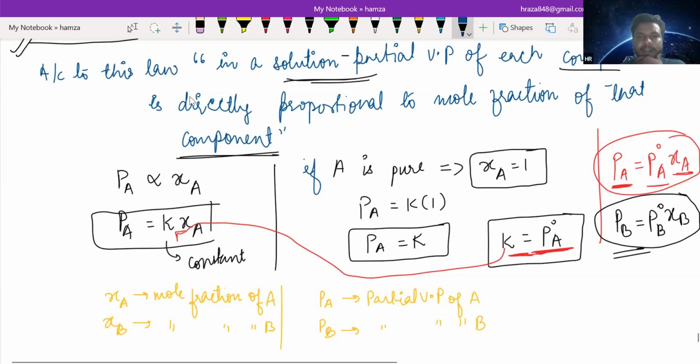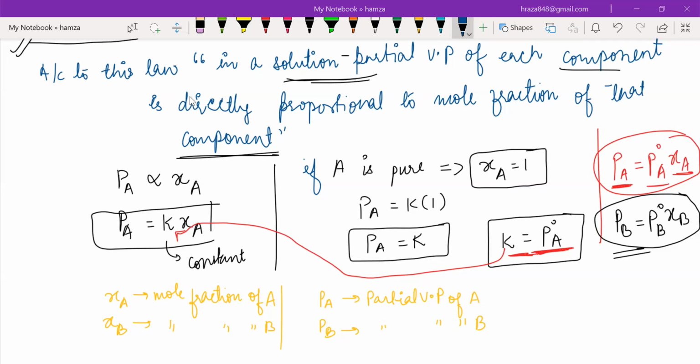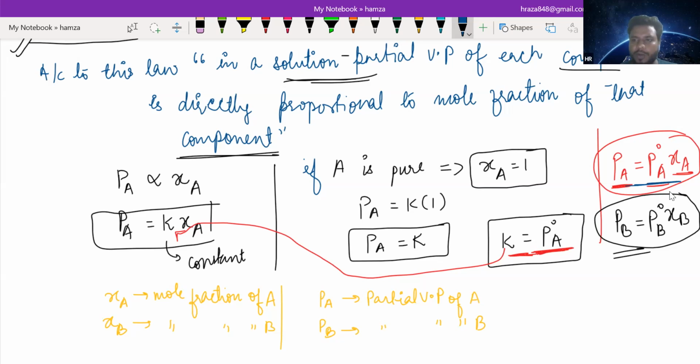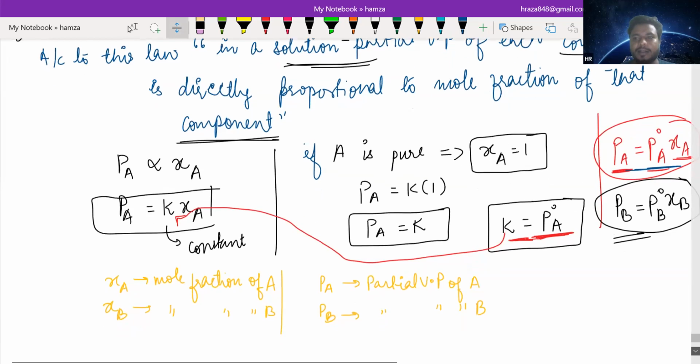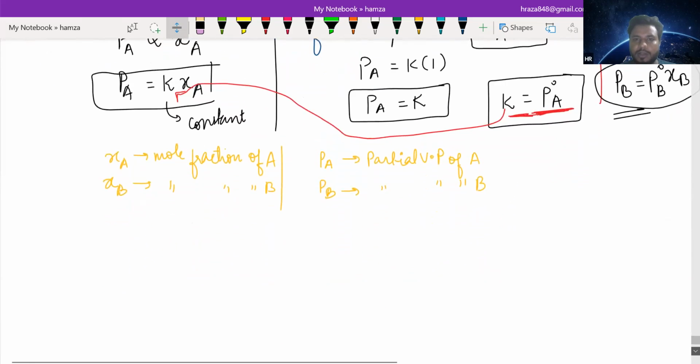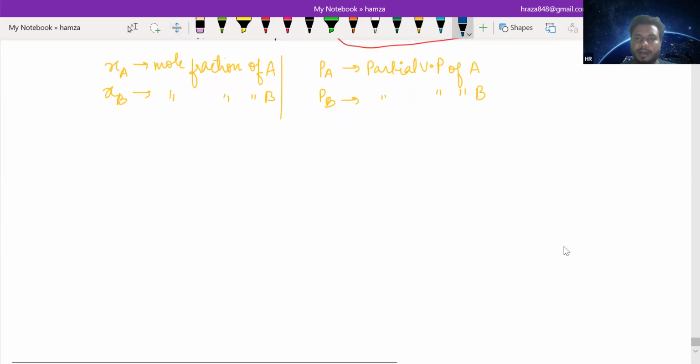Very good. Is there any doubt in this? No, sir. So see, what you have to learn is: PA is equal to P naught A zeta A, PB is equal to P naught B zeta B. Now we are going to apply Dalton's law in this law, which is very important.